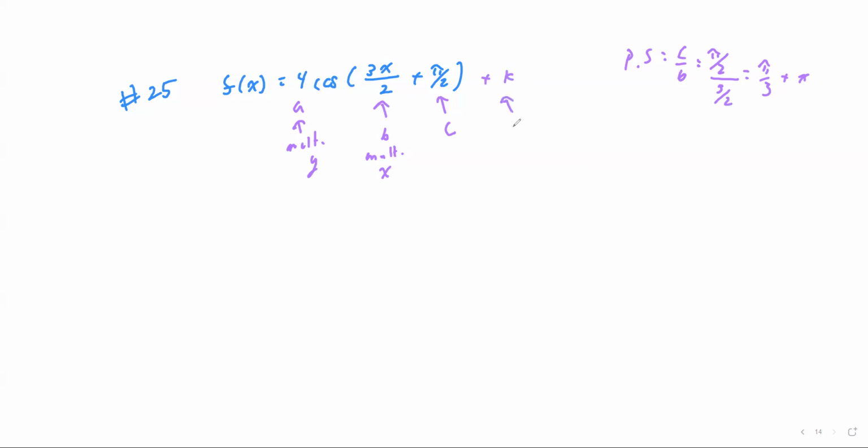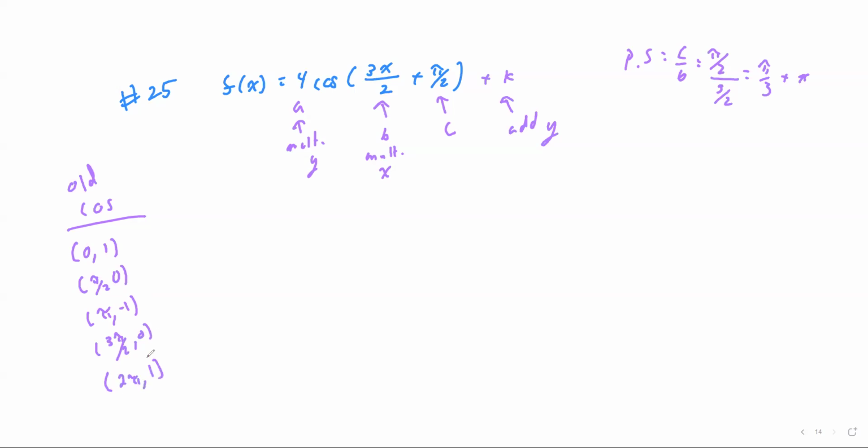And again, that would be added to the y. All right, so for cosine, the original points are 0, 1, pi halves, 0, pi, -1, 3 pi halves, 0, and then 2 pi, 1.